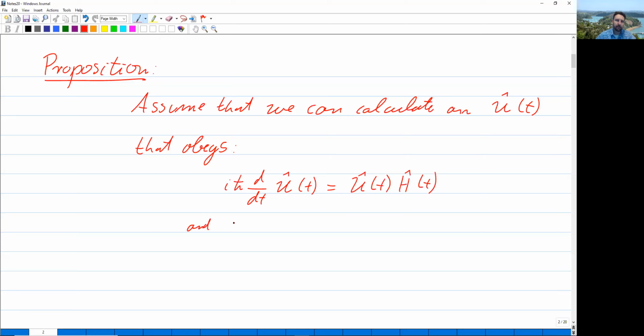And the initial condition is that u hat of t naught, t naught being the time when we start the experiment, is supposed to be the identity operator.